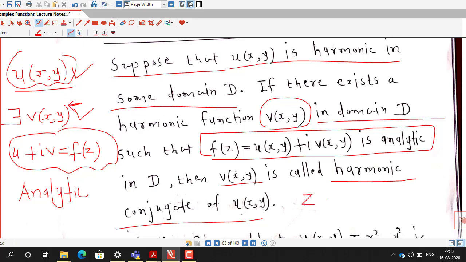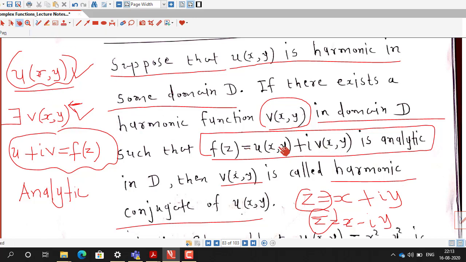We know that the conjugate of z equal to x plus iy is x minus iy, and if we take the conjugate of z bar, then we obtain z. So it is not like that in this case.